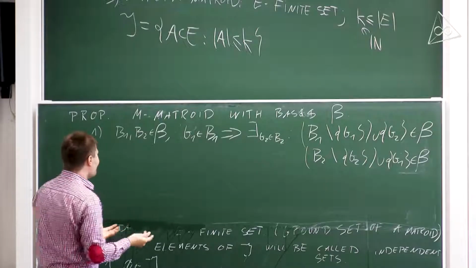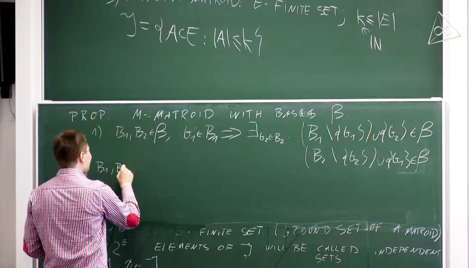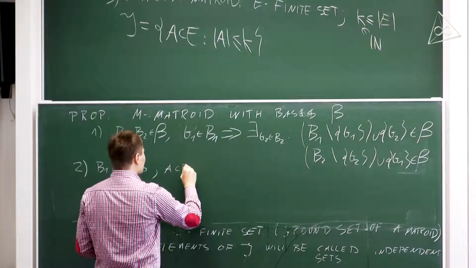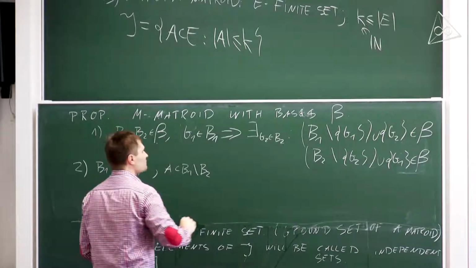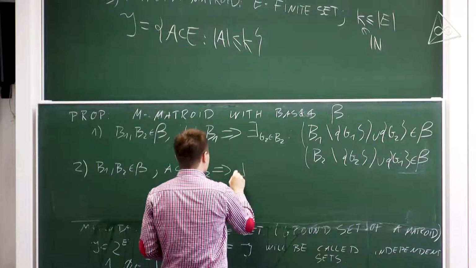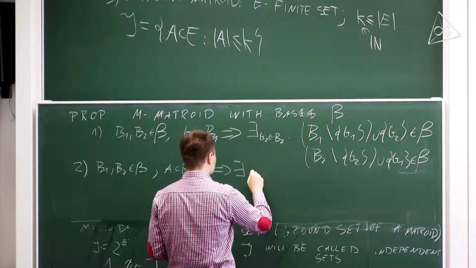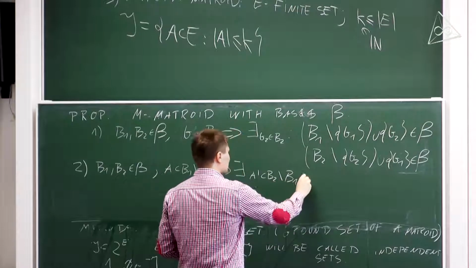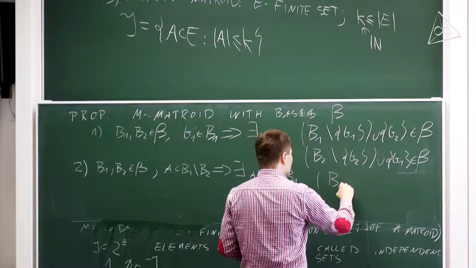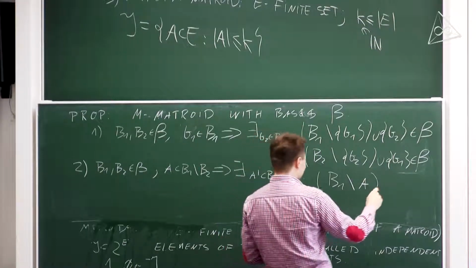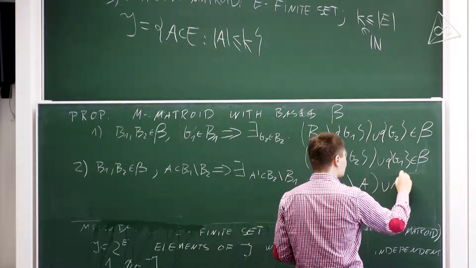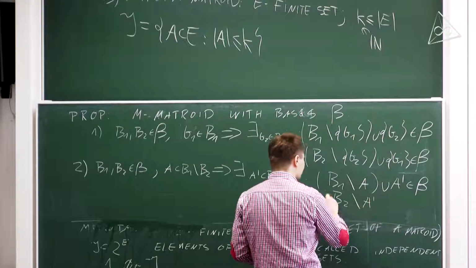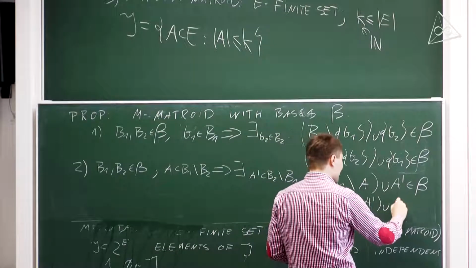Okay, and now even more. If we take two bases, B1 and B2, and if we take any subset A of B1, then there exists a subset A' of B2 minus B1 such that we can subtract A from B1 and add A', and we get a basis, and we can subtract A' from B2 and add A, and we get a basis.